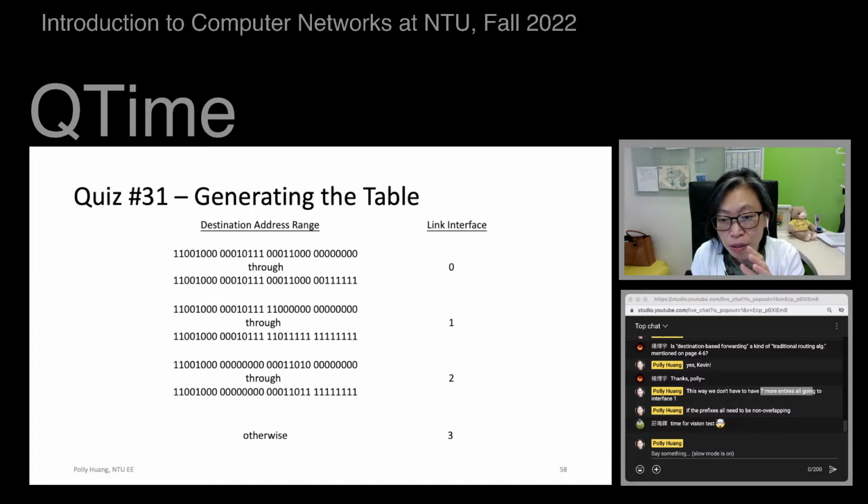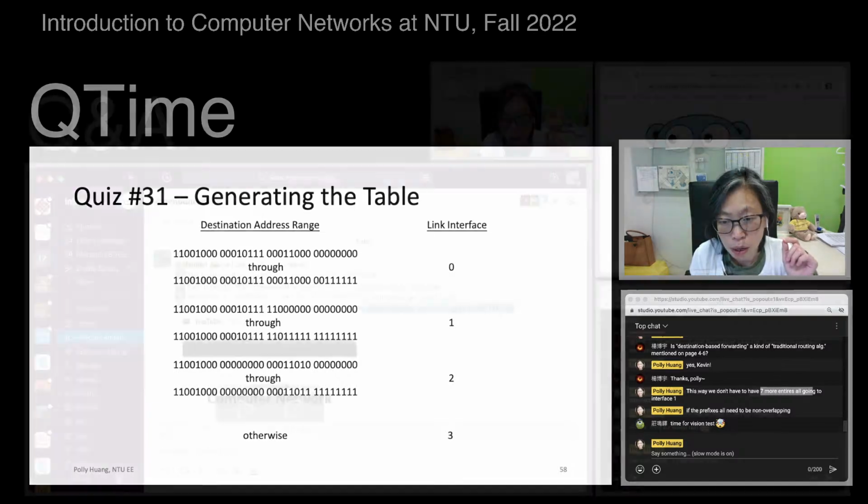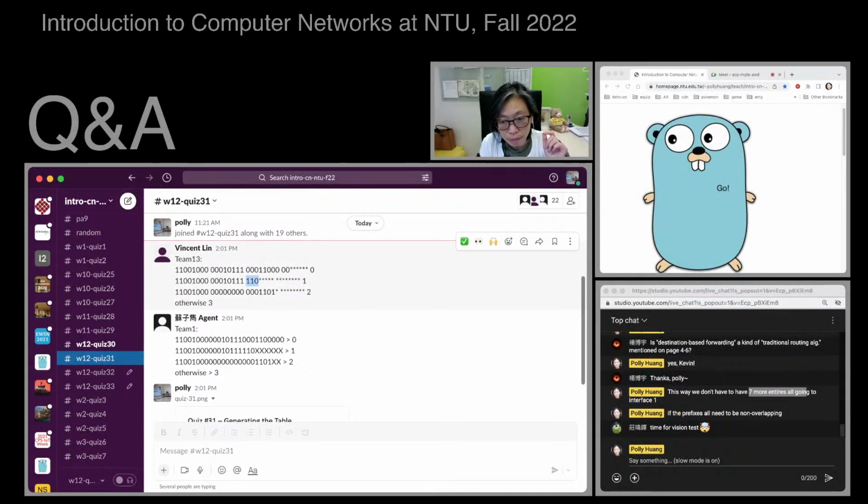For the second entry, you match the first 3 bits in the second octet, so you have 110. Let me show the Team 13 solution. The first entry matches the first 2 bits of the last octet. The second entry matches the first 3 bits of the second octet.